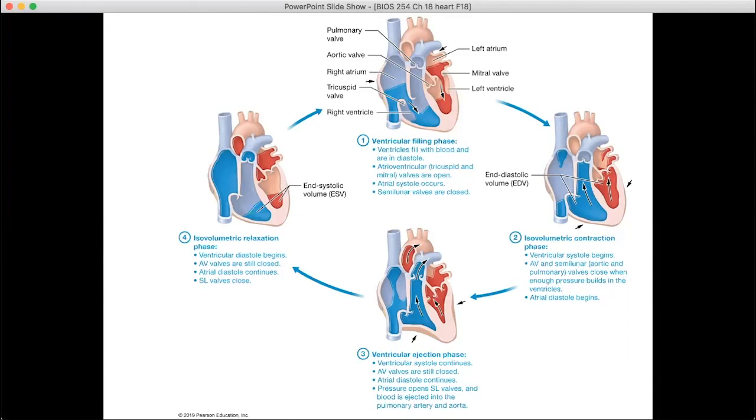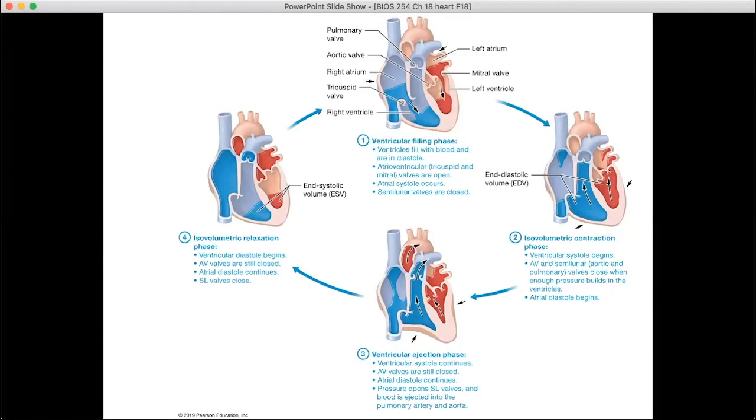So as soon as that happens, you are in phase 3, the ventricular ejection phase. At this point, the AV valves are still closed, the semilunar valves are opening, and blood is being ejected from the ventricles.